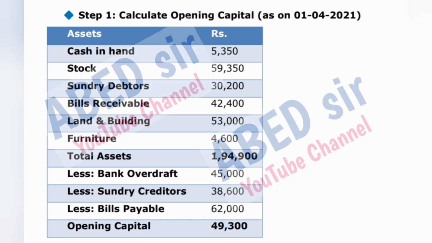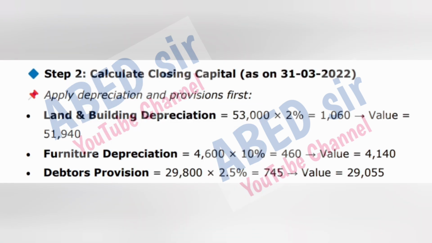Total assets 1,94,900. Less bank overdraft 45,000. Less sundry creditors 38,600. Less bills payable 62,000. Opening capital 49,300.